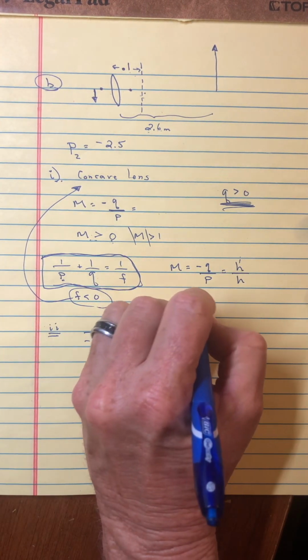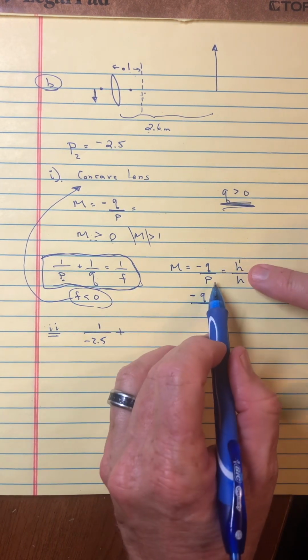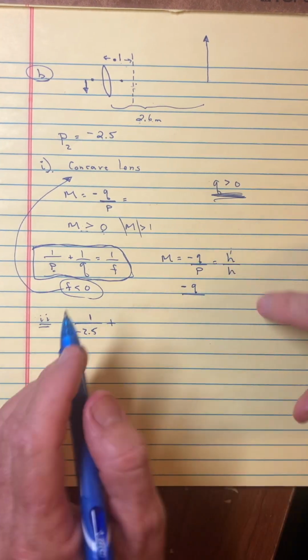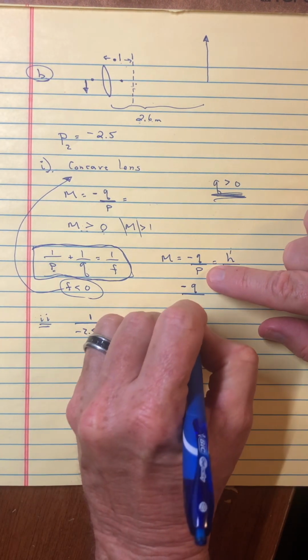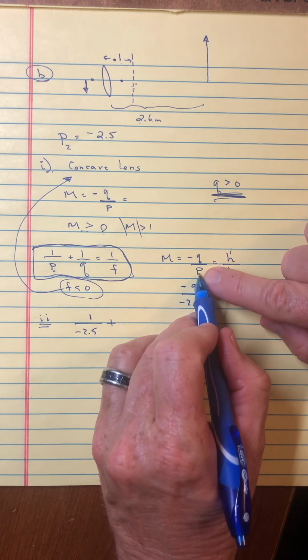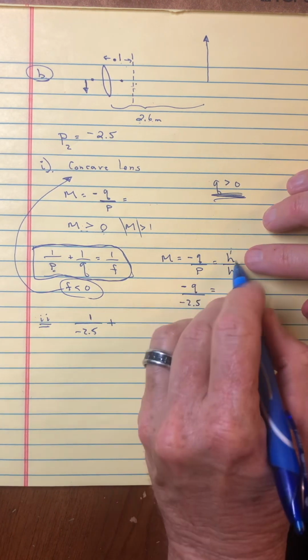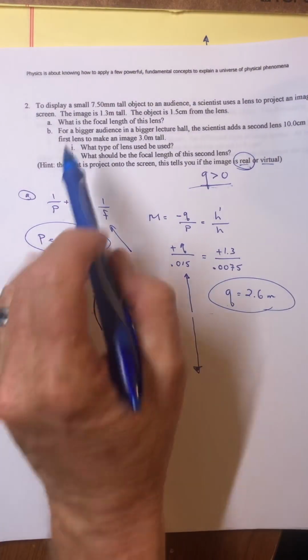We can begin to calculate it. So I'll leave the minus Q, but just like in part A, we know these other pieces. I'm going to take the negative 2.5 for P for the second lens, and this would be the image of the second lens, and that's what we're projecting up on the screen.